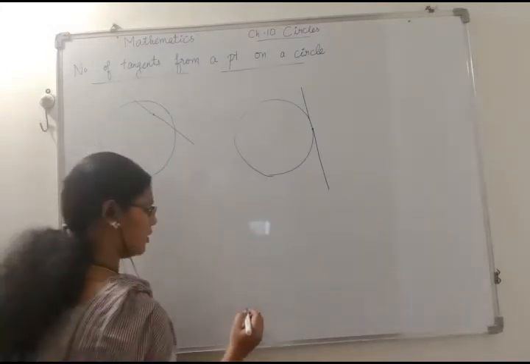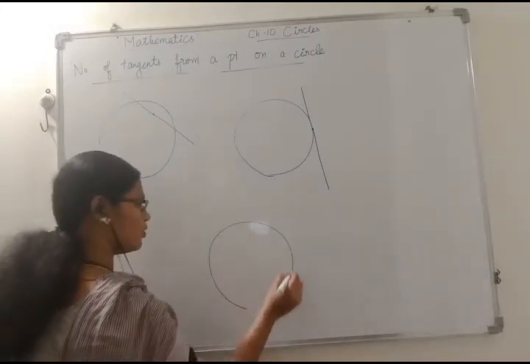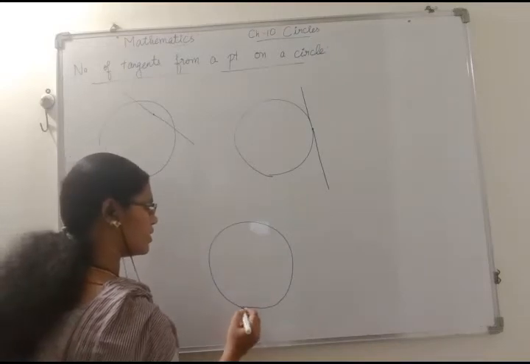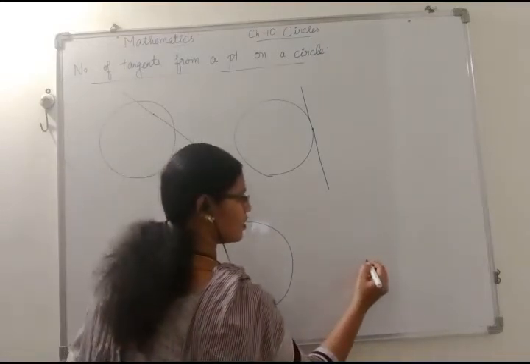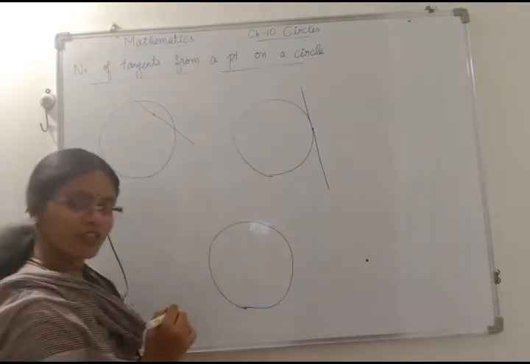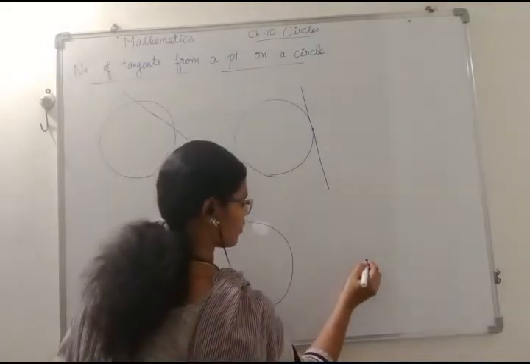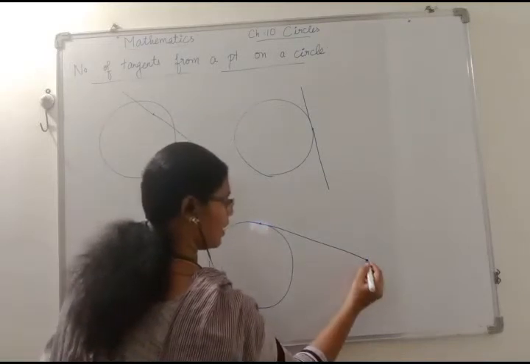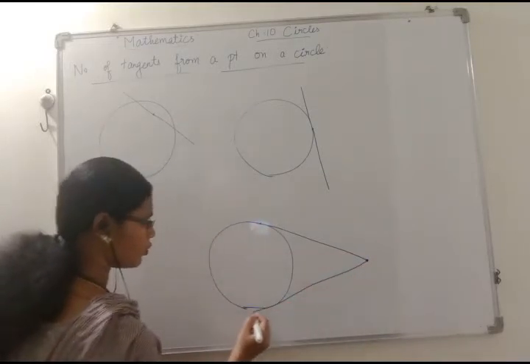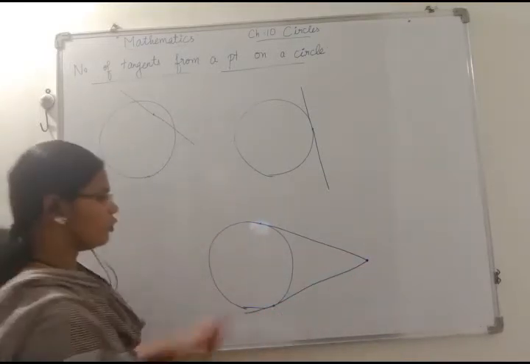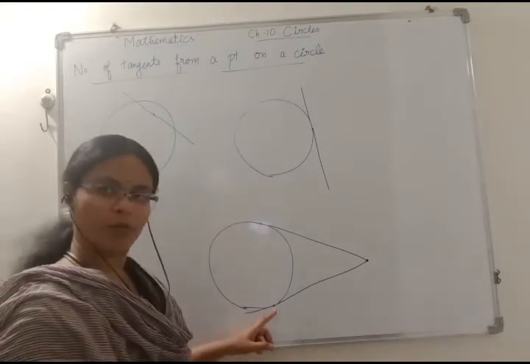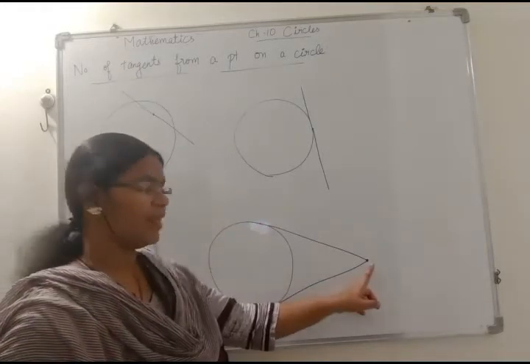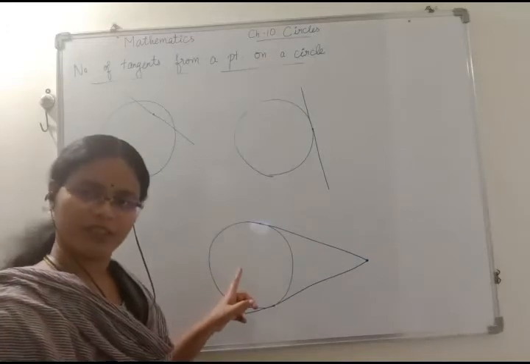Now, the third case, suppose a point lies outside, that is on the exterior of the circle, how many tangents can we draw from here? 1 and 2. So, 2 tangents can be drawn from an exterior point to a circle.